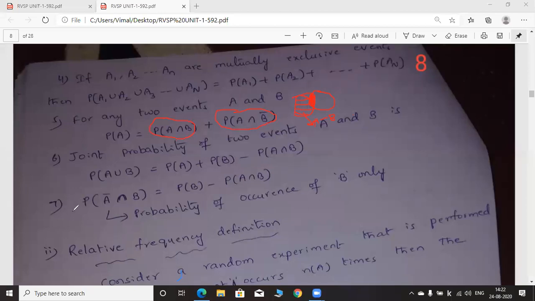Now let us see the seventh property. Probability of A bar intersection B is equal to, how can we write this?